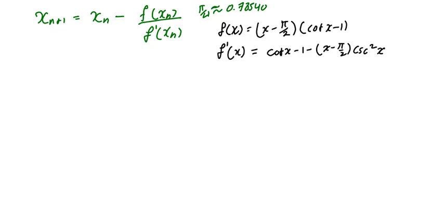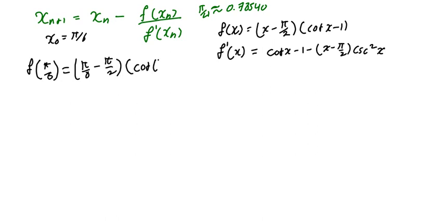So let's begin. I get my f of x and substitute with my x naught, because I'm starting with x naught, which equals pi over 6. So if I place pi over 6 right here, I have pi over 6 minus pi over 2, times cotangent pi over 6 minus 1.